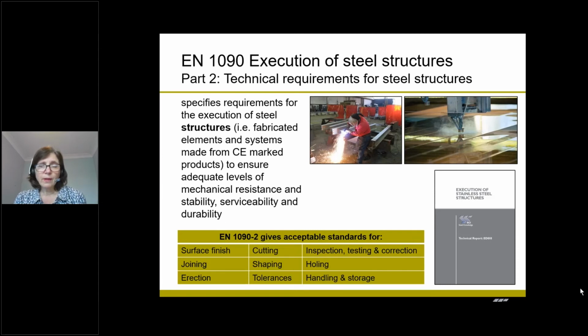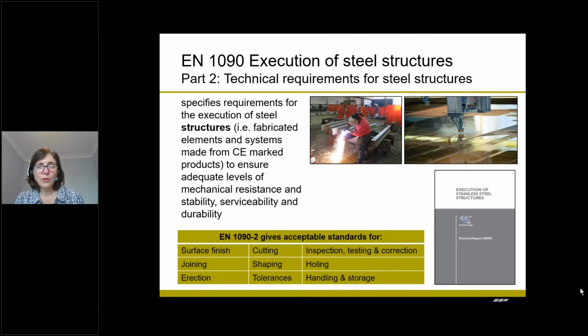I guess if I would say one thing about fabricating and installing stainless steel, it should be that it's important to avoid contamination of the stainless steel with iron particles from carbon steel, because these iron particles get embedded in the surface of stainless steel, and then it rains and they rust, and you think, my stainless steel is rusting, and then you have to clean it off and it's absolutely fine.